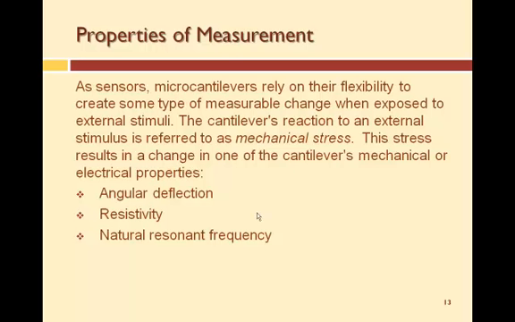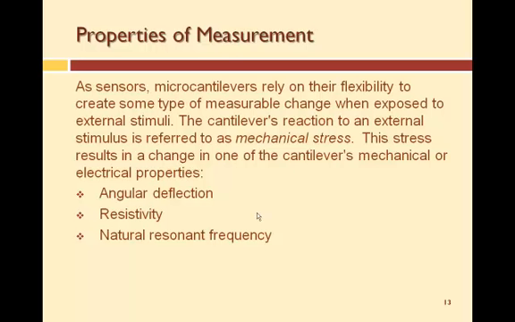If you have that probe coating on your cantilever, and it's designed in a way so that the chemical, when it gets absorbed into the coating, causes the coating to expand, what's going to happen to the cantilever? It'll deflect, it'll bend, right?